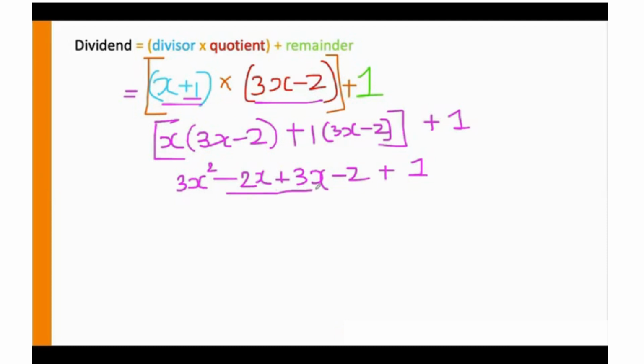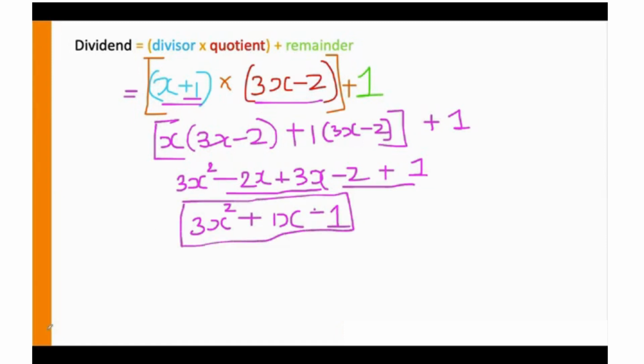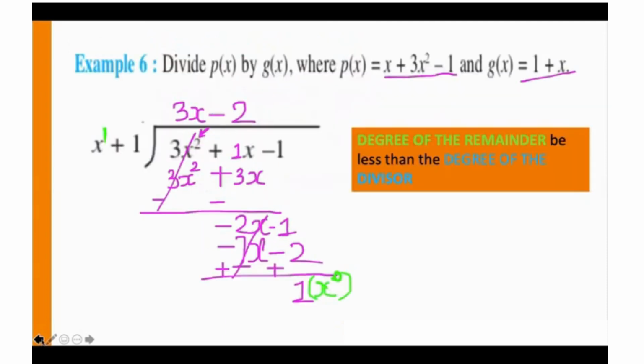So what do we get now? These two are like terms. We can add them and make it plus 1x. So we have 3x squared plus 1x, and then minus 2 plus 1 becomes minus 1. And you can see this is exactly the dividend that was there in the problem here.